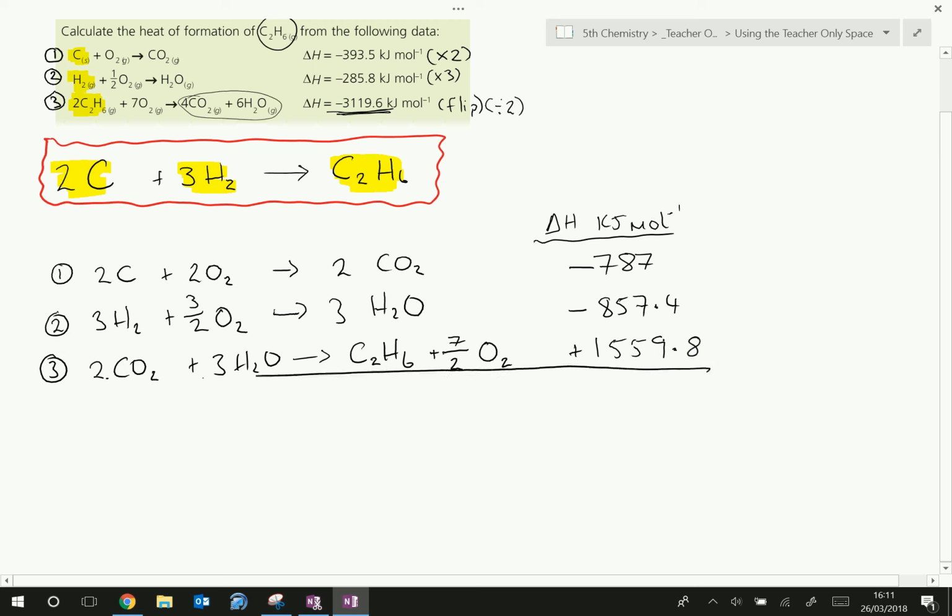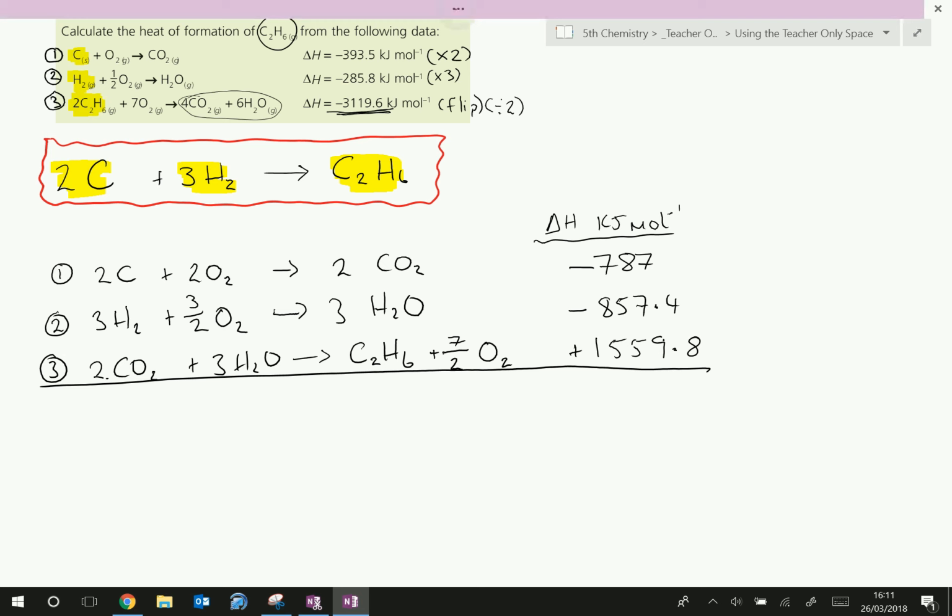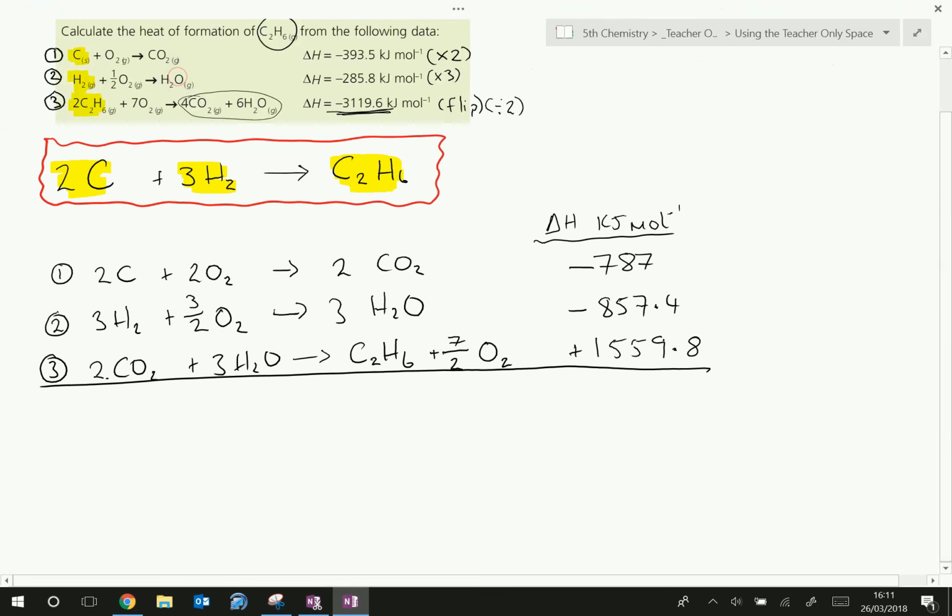Now I'm just going to draw a line under everything because I'm going to need to add all of this together. And what I do when I'm adding is I look to the left hand side of all the arrows, and I look to the right hand side of all the arrows, and I look for things that I can cancel on both sides. So if I look at the 2 CO2s I have on the left, they can cancel with those 2 CO2s that I have on the right.